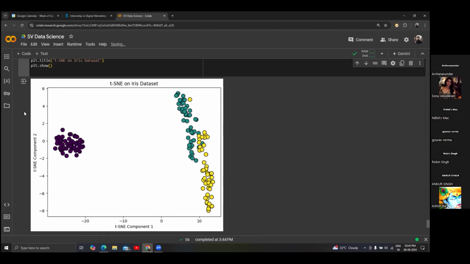See, the distance is preserved. The distance between this cluster and this cluster is very large. But why are these two sticking together? Can anybody tell me? Why are these two flower points sticking together?